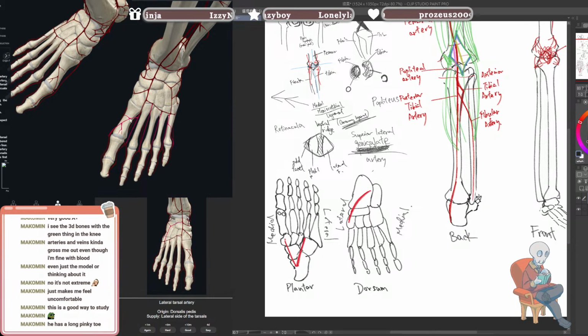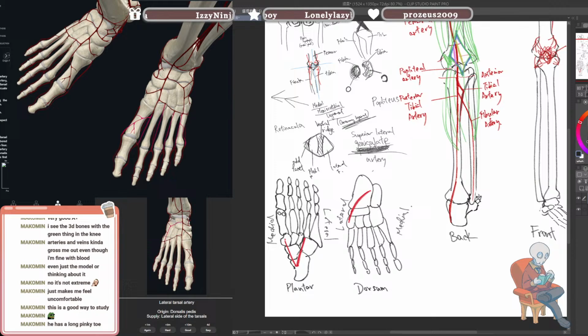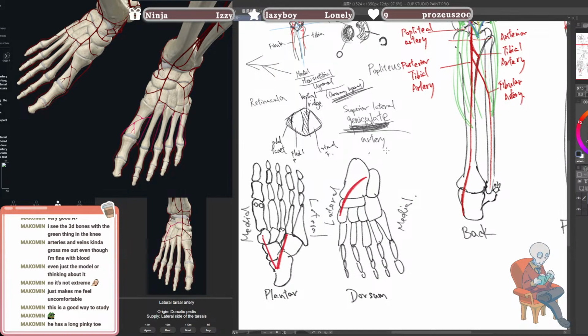Dorsometatarsal arteries. Ooh, it seems that a diagram is in order. Alright, let's start. I can't give myself a pass on that now. All over again.